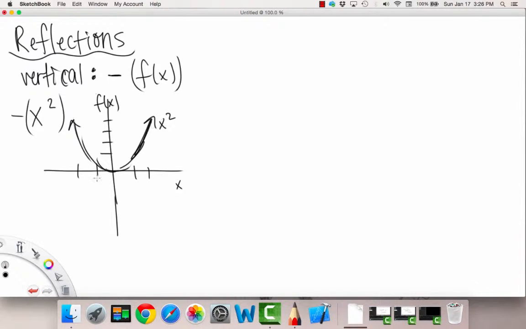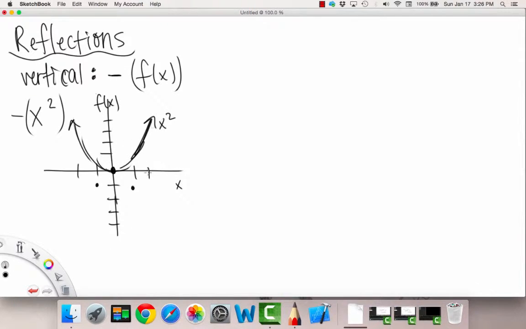But now that we have this negative sign in front, we're going to take all of our outputs. For example, 0, 0 will turn into 0, 0, so nothing exciting there. But now instead of the point 1, 1, when we plug in a 1 here, we're going to get out a -1. So it flips all of our points down, across the x-axis.